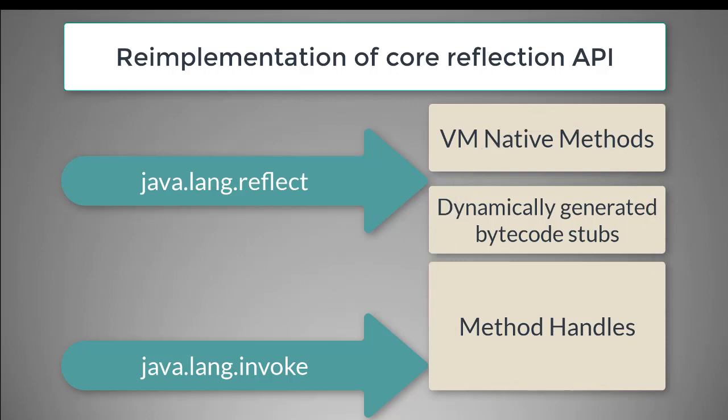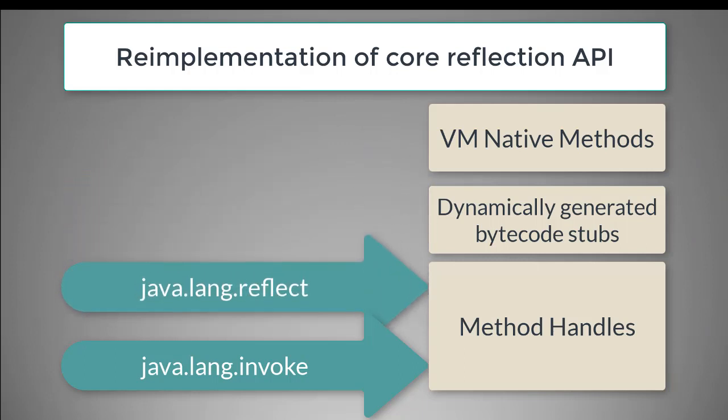When we update java.lang.reflect and java.lang.invoke to support new language features, we must modify all 3 code paths, which is costly, isn't it? So to address this issue, Java 18 has re-implemented the java.lang.reflect API to use method handles. So now method handles is the common underlying reflective mechanism. As I mentioned earlier, this is an implementation level change and there is absolutely no change in the APIs.